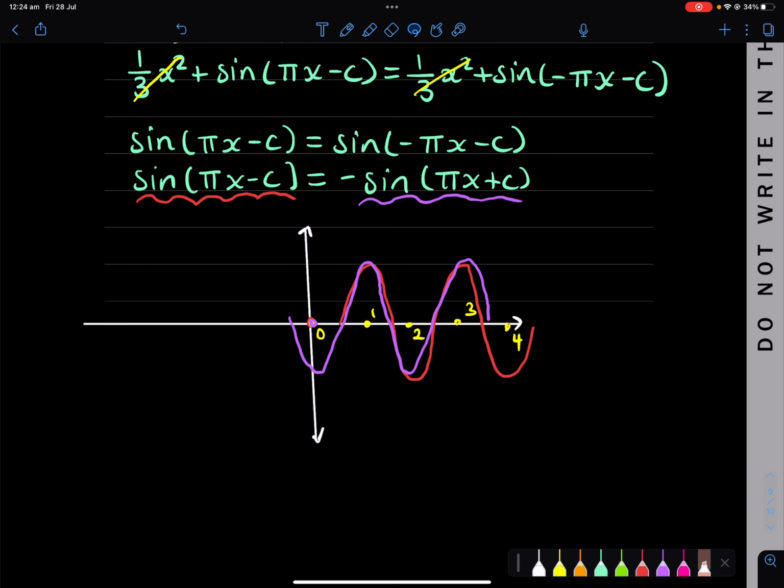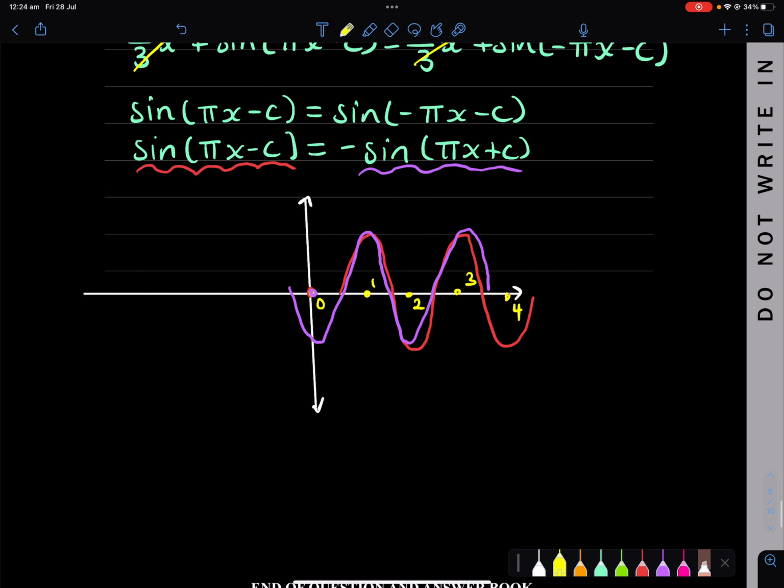So what's the value for that? We just said that, okay, if we take that pi out of there first, so pi x minus C pi. That x minus C pi is because we moved the red graph to the right by half.